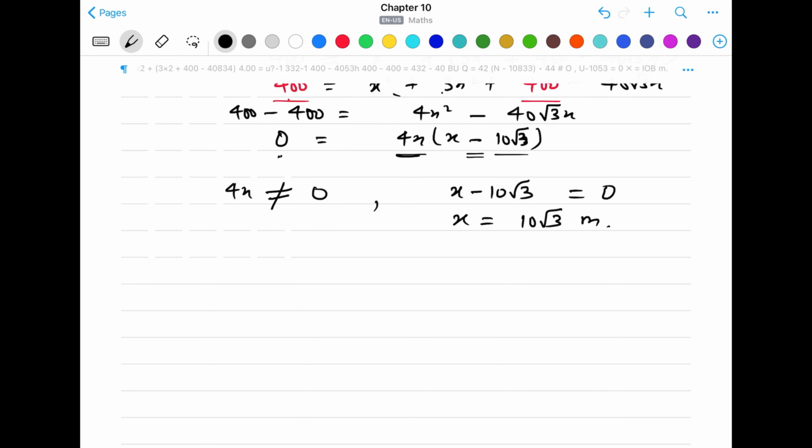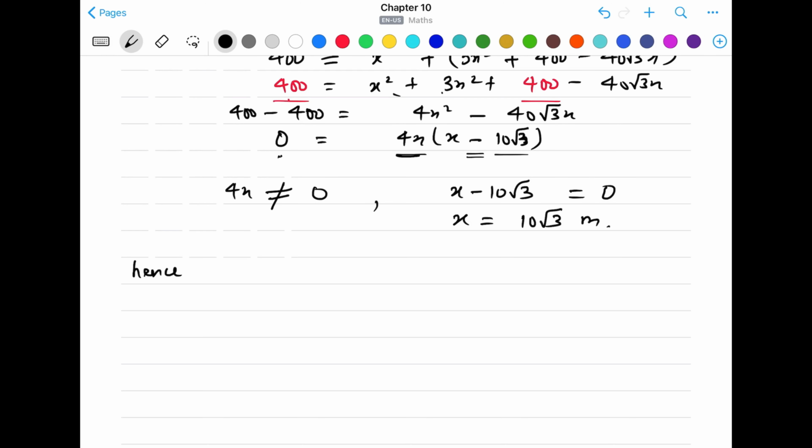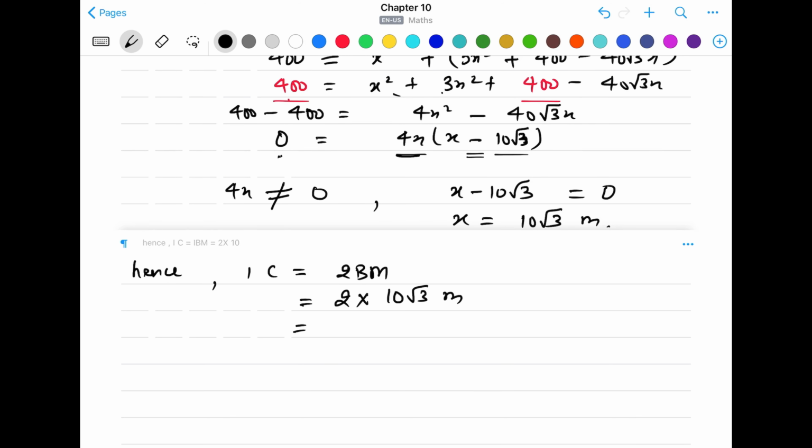And we have to find the side, the string of the phone that they are using. Hence BC, which is twice BM, and BM is given by x, which we have calculated as 10 root 3 meter.